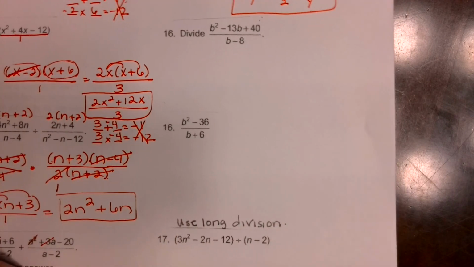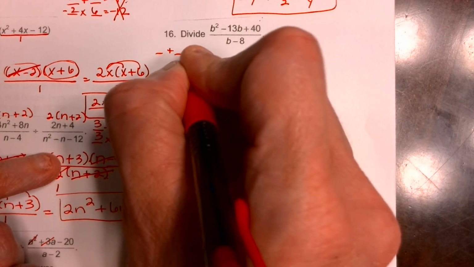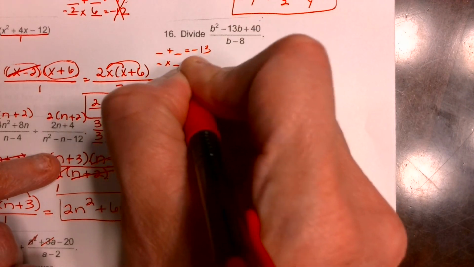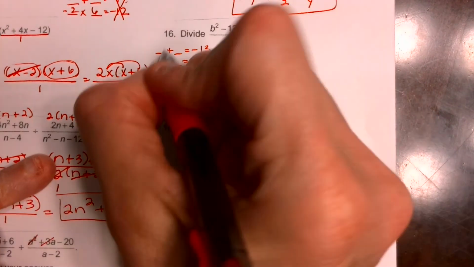Number 16. Let's see. We got a trinomial on the top. Well, you know what that means, right? We got a factor. What plus what equals negative 13? What times what equals 40? 4 times 10. Nope, that's not going to work. 8 and 5. There we go.